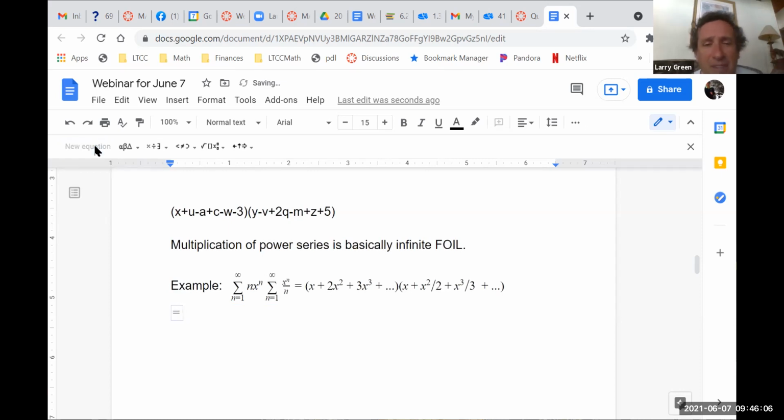Equals. Okay, now comes the interesting part. What I'm going to do is do it up to the third power, and then I'll do plus dot, dot, dot, and just get lazy and pretend I knew the rest. So notice, what's the lowest order term? In other words, what power will be the lowest power when you multiply these out?